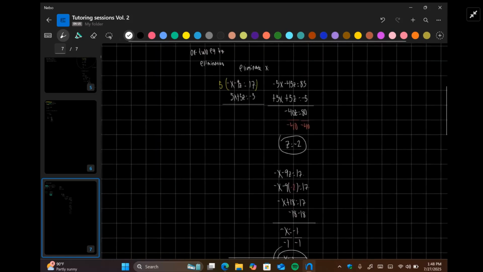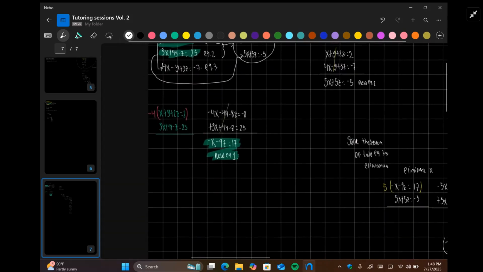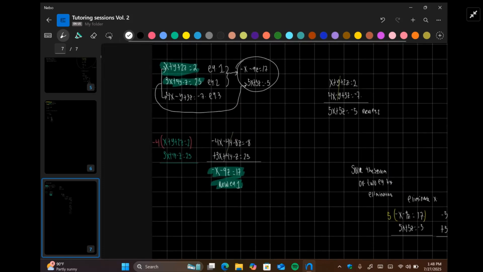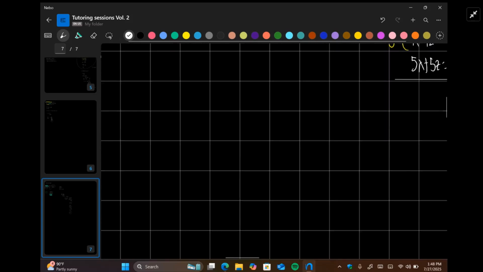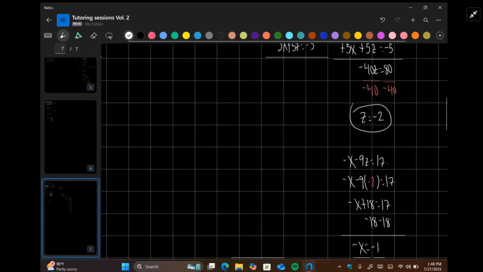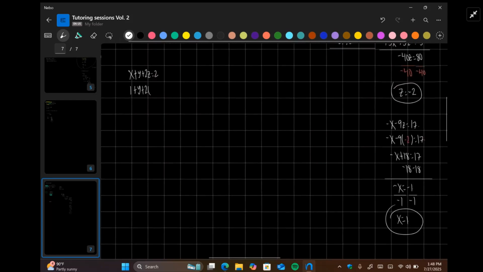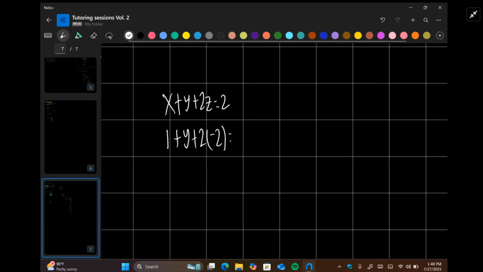Finally, we have z and x, and now we're going to go back to one of the original equations. We had x plus y plus 2z equals 2. So 1 plus y plus 2 times negative 2 equals 2.